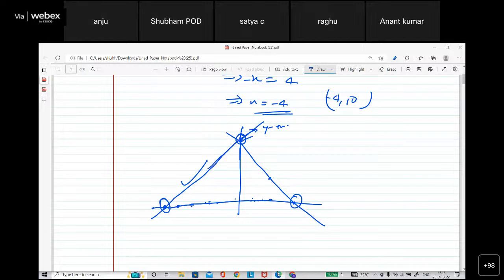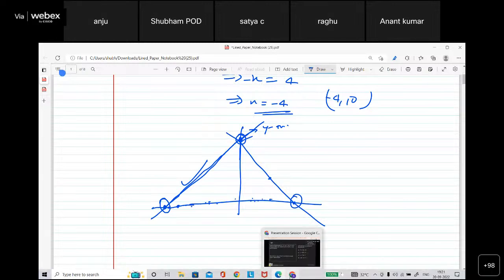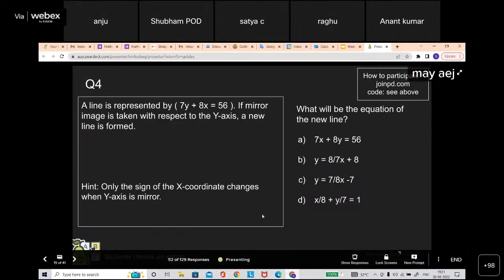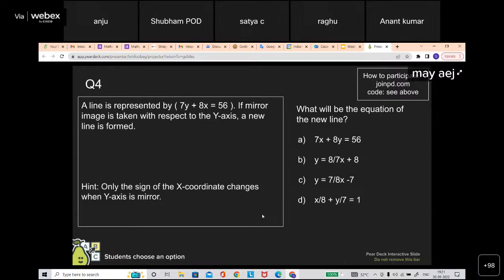So using 2-point form, you can easily calculate the equation of this line. So 1 more minute I will give, then we'll discuss the solution. The next question is very, very interesting. For that question we'll give 10 minutes.